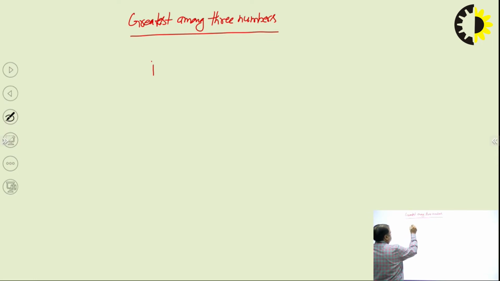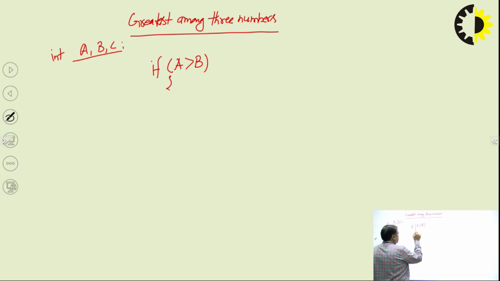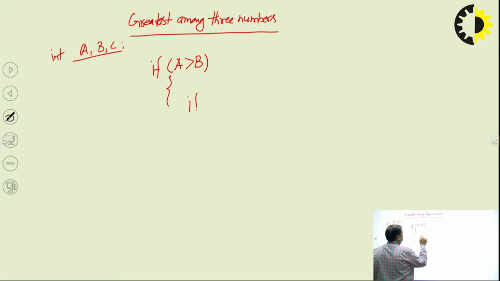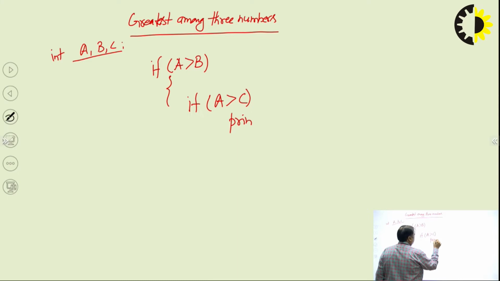So, let us check if A is greater than B. Let us have 3 numbers A, B and C of type integer. So, if A is greater than B, what will happen in this situation? That means A is greater. Now, C is still remaining. So, we will check it with if A is also greater than C. Then simply what we will do?